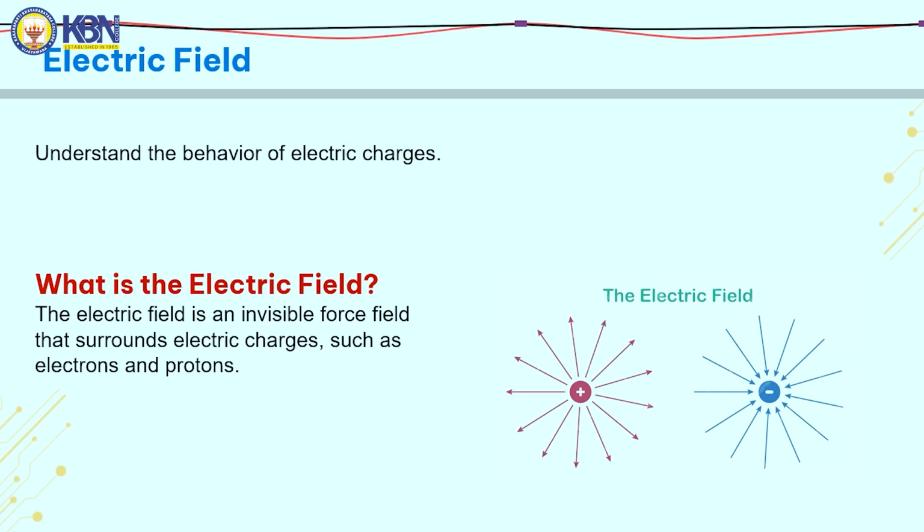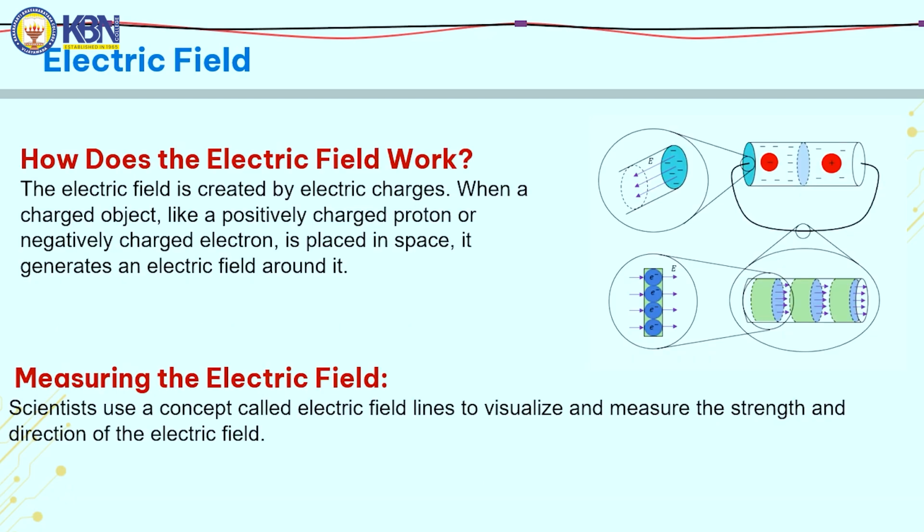Electric field is the invisible force that surrounds an electric charge, whether it is positive or negative, whatever it may be. The field around the charge is known as the electric field. It is the property of space that describes how these charges interact with each other. Imagine it as an invisible net that surrounds charged objects, influencing other charged objects nearby.